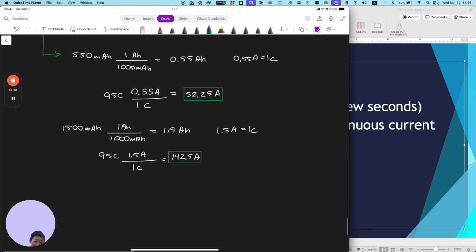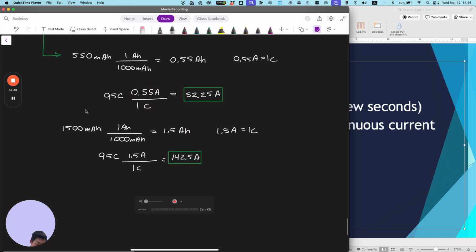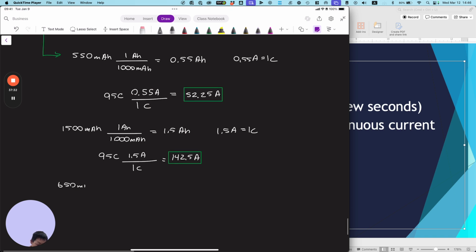Okay, we can apply that to the next example. The next example is a 650 milliamp hour battery. Here I'm just going to say example 1, example 2, example 3.